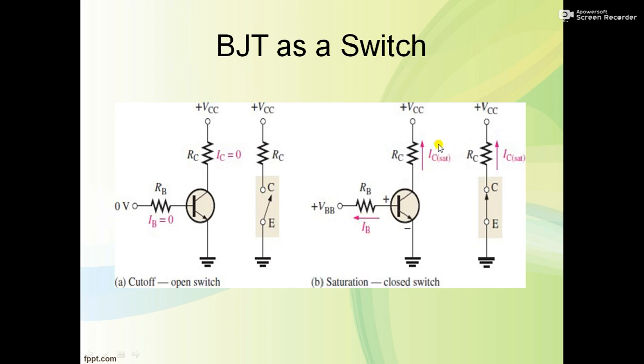If IB is flowing, IC is also flowing, or IC also increases. Due to the increase in IC, the output side junction, the collector-base junction, is also converted from reverse bias to forward bias with the help of this plus VCC. So at that time, when current flows through RC on the collector side, this transistor acts as a closed switch, or it is an on switch.